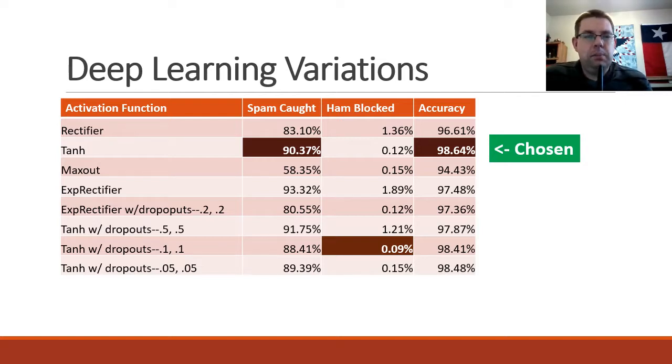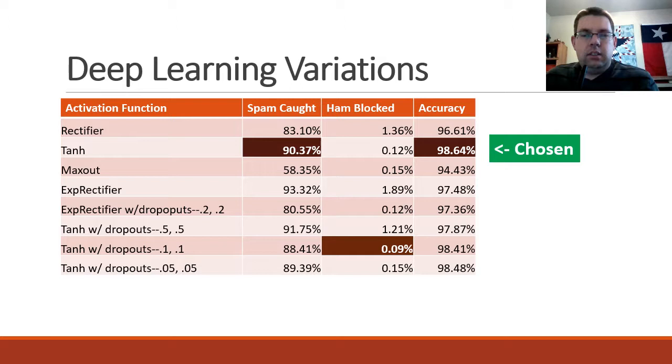The first I'm going to talk about is deep learning. Deep learning, in my case, is very dependent on the activation function you use. So I tried, I believe, all the ones that RapidMiner exposed, and also did some testing with dropouts. The default rectifier was decent, but the TANH, I'm not sure how to pronounce it, but TANH is what I'm going to call it, had the highest overall accuracy.